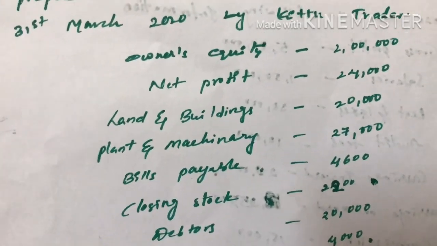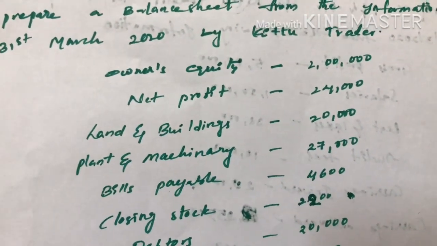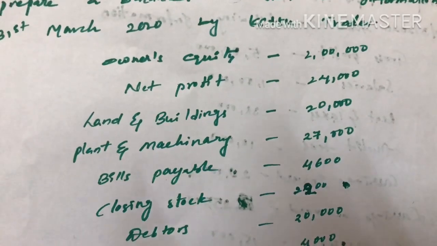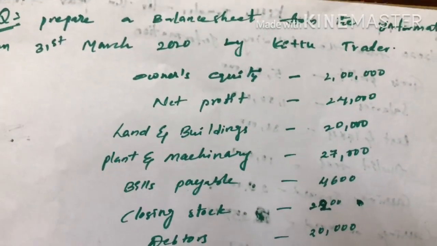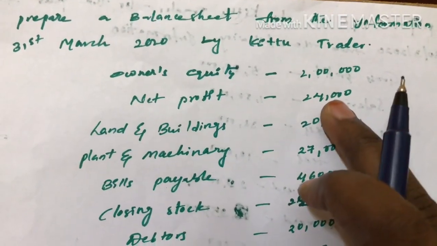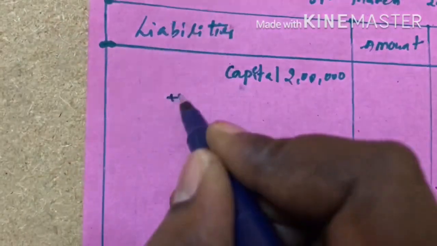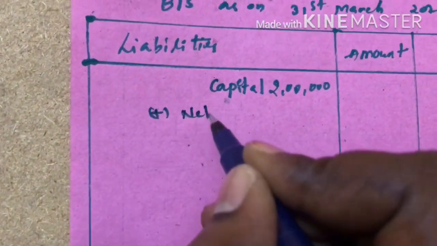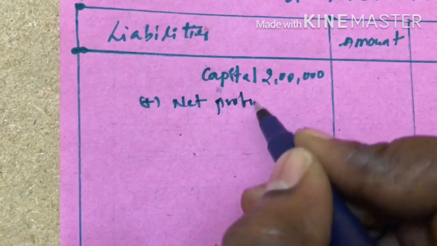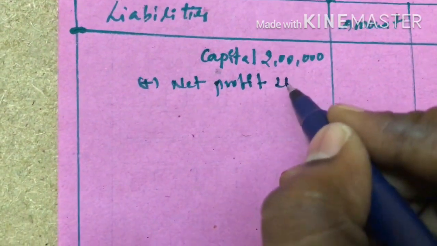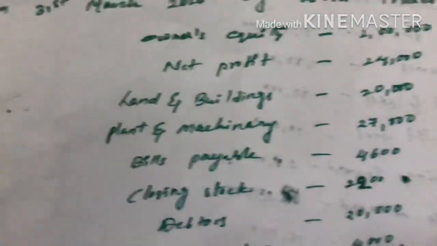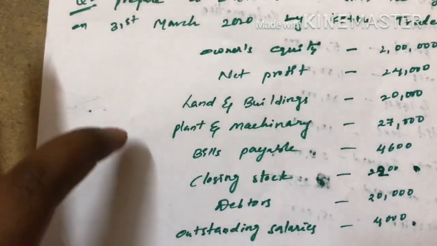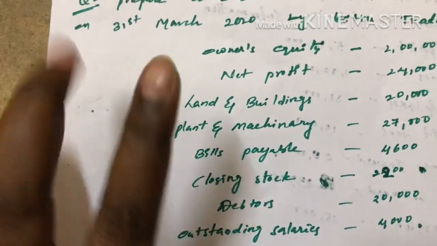The net profit will be added to the capital. The net profit amount is 24,000, so it will be added to the capital.